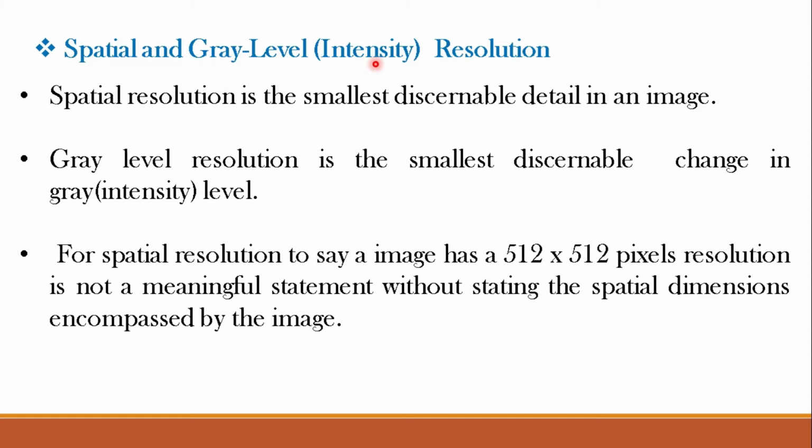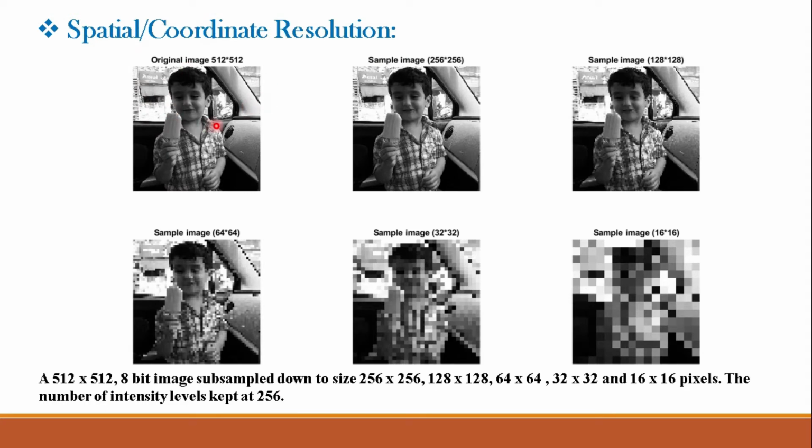So an 8-bit image is a very good image, but the number of samples that we choose for a particular image depends on the type of image and also the size of the image. You can see over here, as you go on decreasing the spatial resolution for a particular image, say 512 cross 512, when you go down to 256 cross 256, you will not observe any change in the picture because the size of the picture is very small.